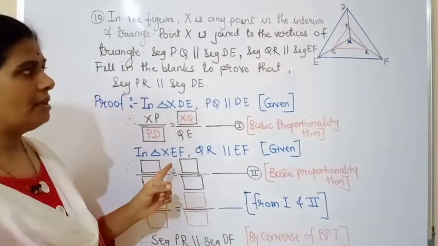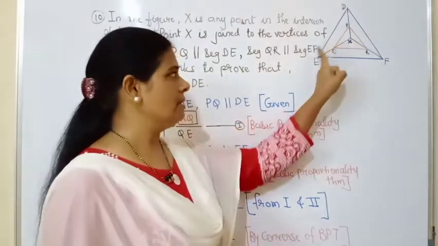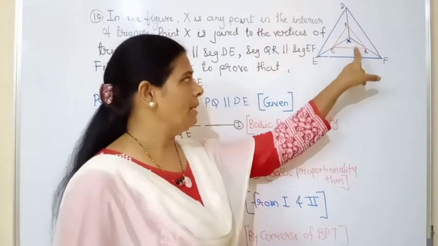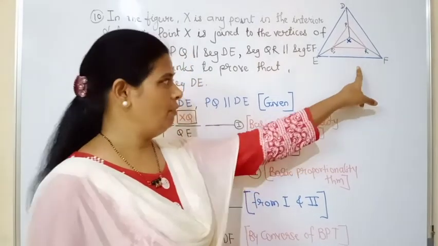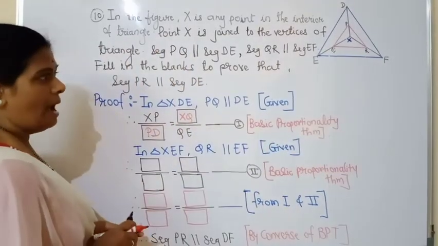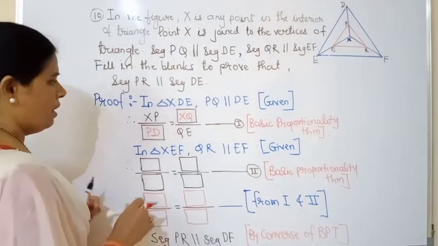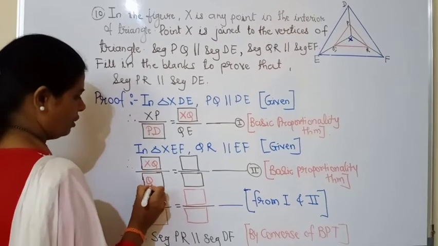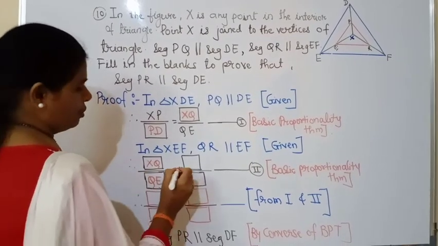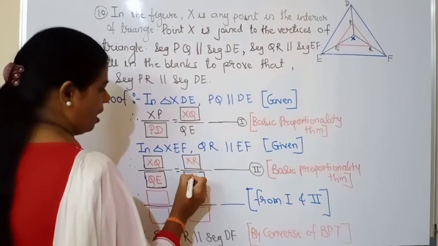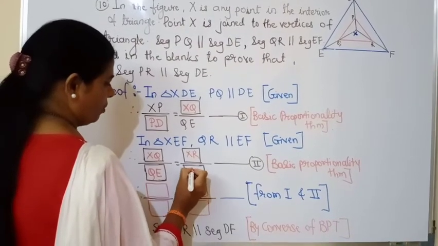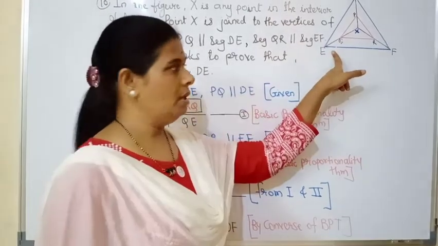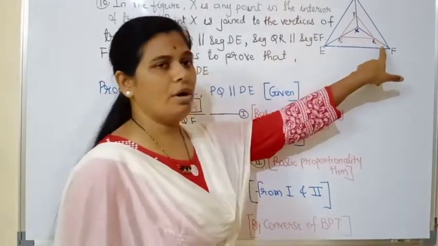Okay. Now we will take the next triangle, that is the triangle XEF. In this triangle we are able to see that QR is parallel to EF. So as QR is parallel to EF, we will write the ratio, that is XQ upon QE is equal to XR upon RF.